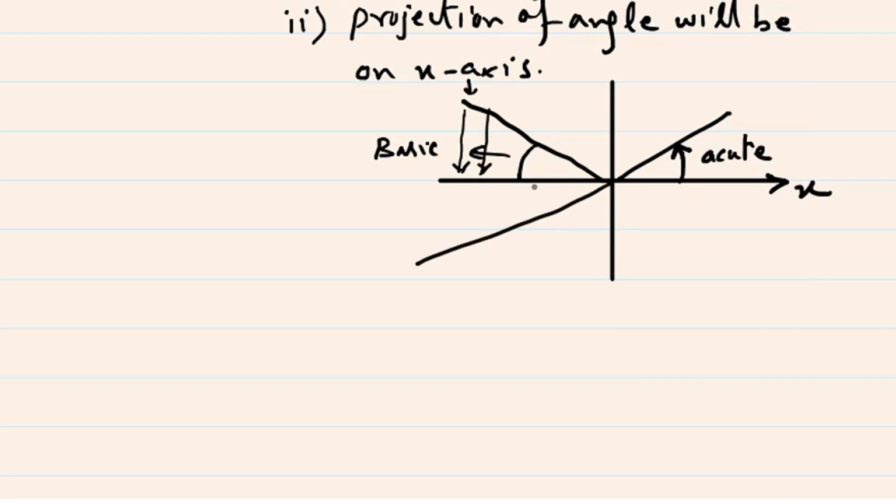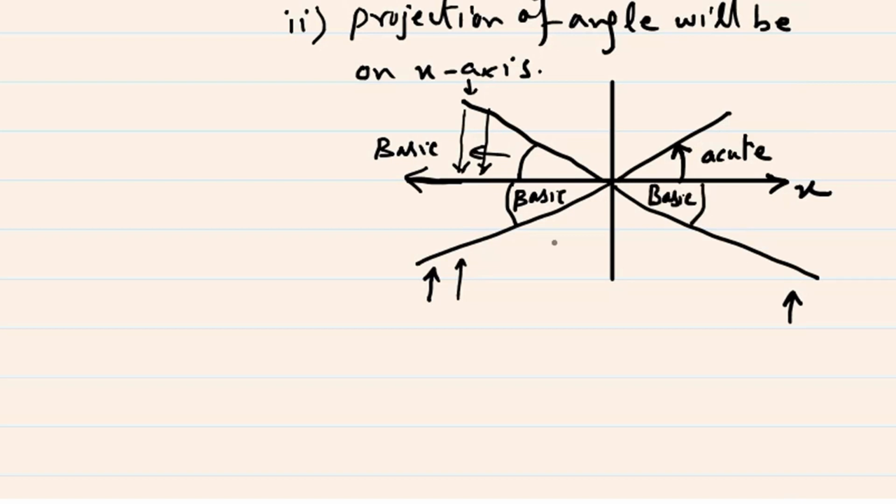If you have angle in the third quadrant and you spot a light at this point, then you would find that the shadow of this line would be on the negative part of x-axis. It is x-axis. So this would be your basic angle. And in fourth quadrant, if we spot a light at this, then basic angle would be this one.